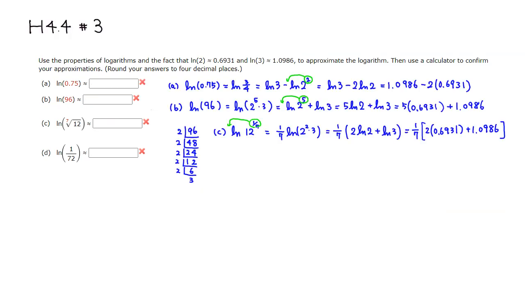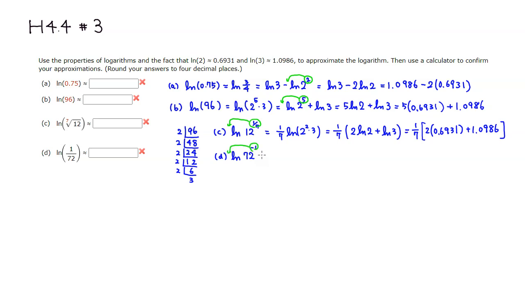All right, so last one, part D. You have a reciprocal, so we can rewrite it as 72 to the -1 power. So we can place -1 right in front.